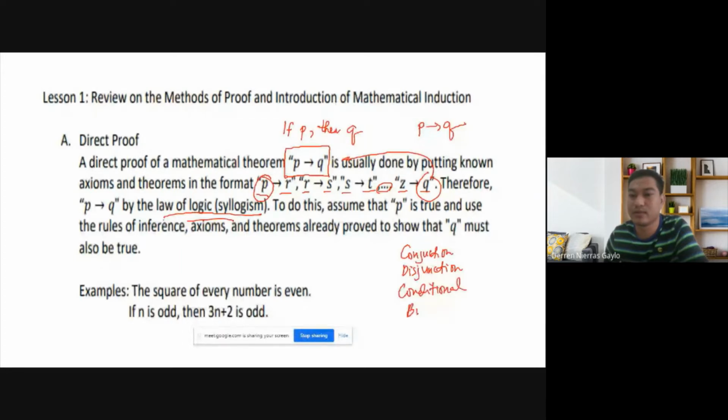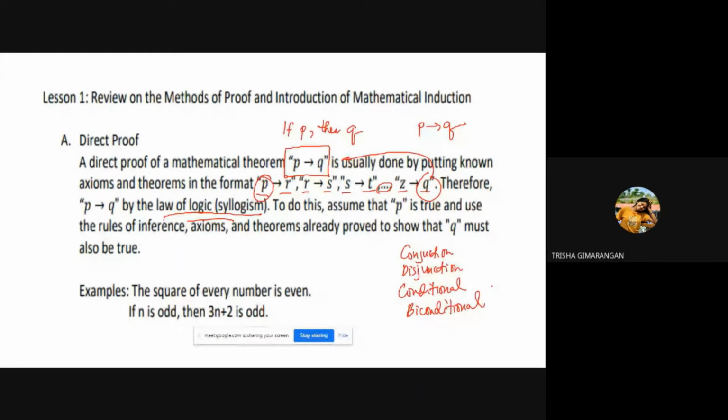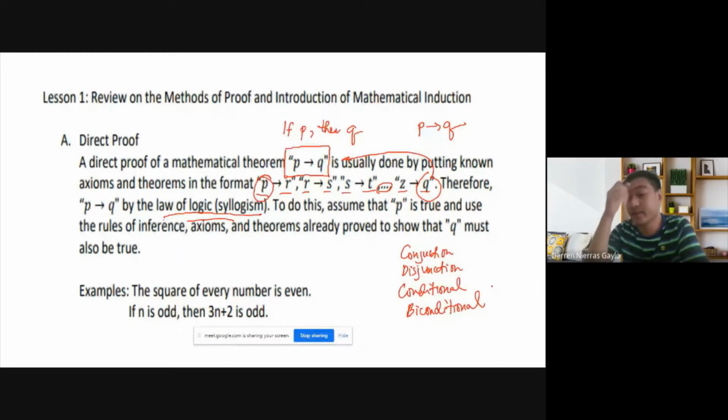So now, can you see my writings on the screen? Makita na ang writings? Sige. So, those four that you learned last time in logic and set theory, di ba? You were proving whether it is a conjunction, disjunction, conditional, or biconditional.